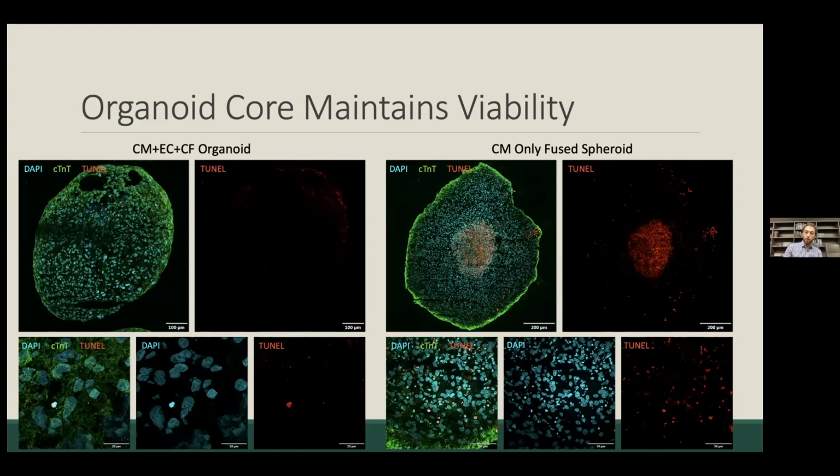So this is sort of what you would expect as you get to these larger diameters, this lack of nutrient transport to the core and necrosis. But what's amazing is that even at 3 months, we don't see that in the multiple cell type organoids. And so this is something really exciting going forward as we talk about trying to produce these thicker tissues while maintaining viability.